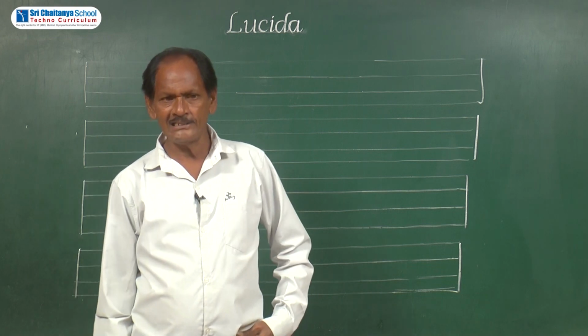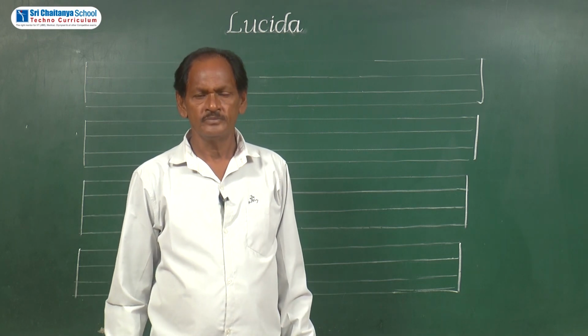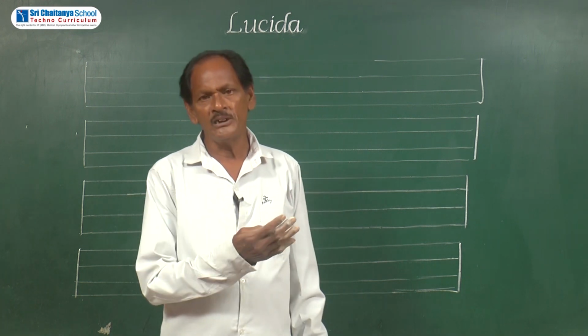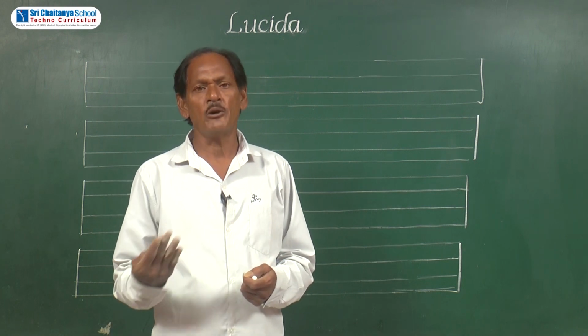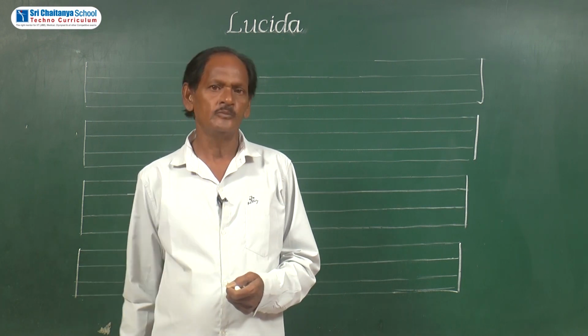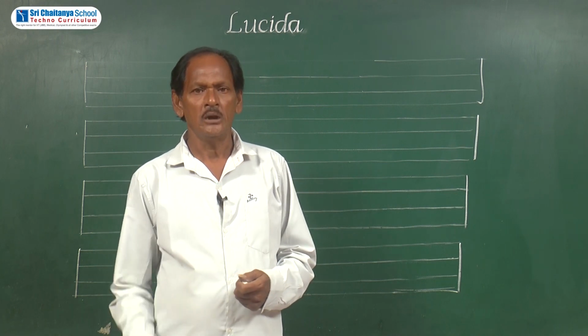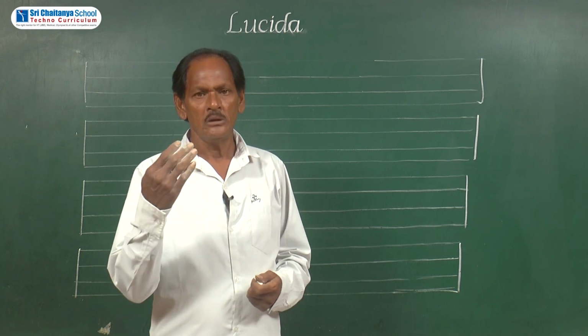In our previous class, we discussed the importance of handwriting, and into how many zones all the letters of the English alphabet are divided. Those zones are the upper, middle and lower zone.